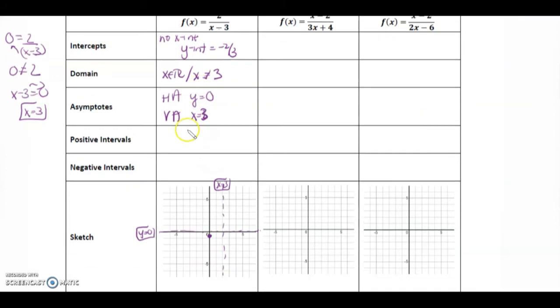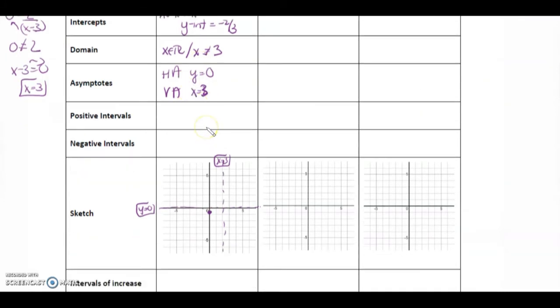Okay, so as a quick sketch, we know that this is not reflected, so it's just going to be in these two quadrants, okay, or these two areas. Now, positive intervals, positive is above the x-axis, so this is 3 to infinity.